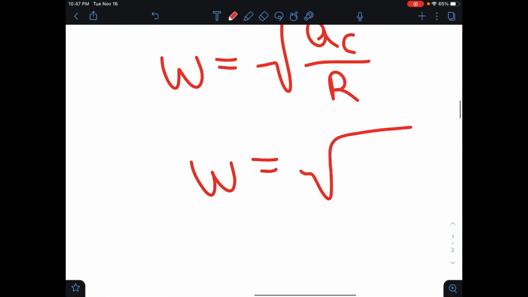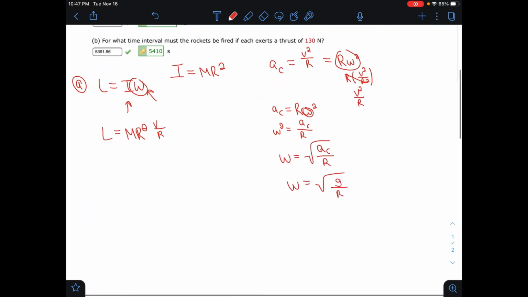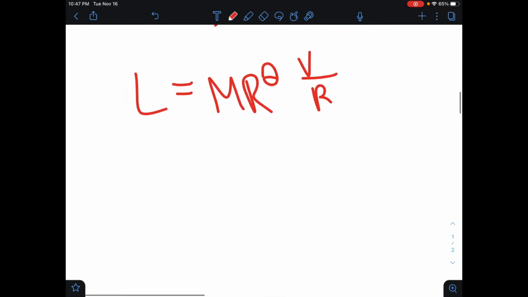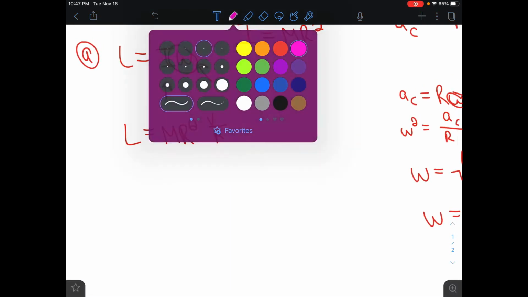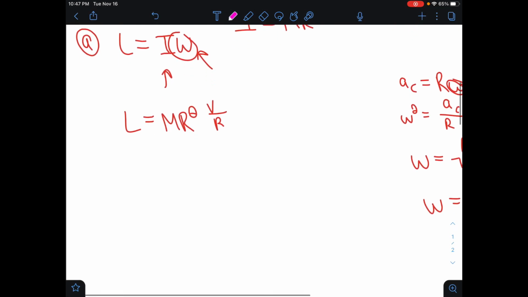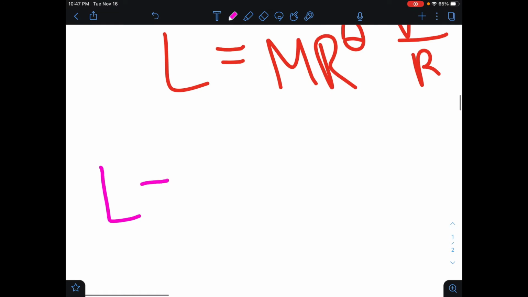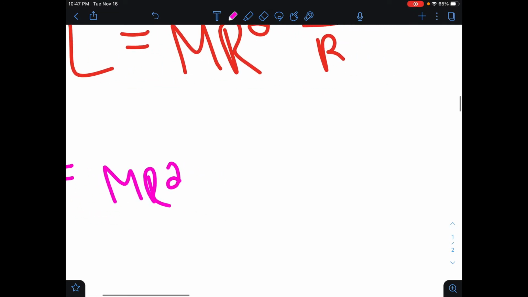And g, as we know, is equal to 9.8 newtons over kilograms, or meters per second squared. So all of a sudden, this equation will become L is equal to mr squared times this gravity over radius, right?